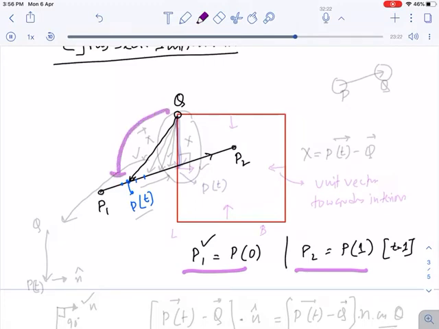The vector I have just dropped can be represented as P(t) minus Q, as I have told earlier that any vector PQ is represented by Q minus P. So P(t) is a point vector, and Q is another position vector. So P(t) minus Q is, say, vector X. The name of the vector is X. So X equals P(t) minus Q.